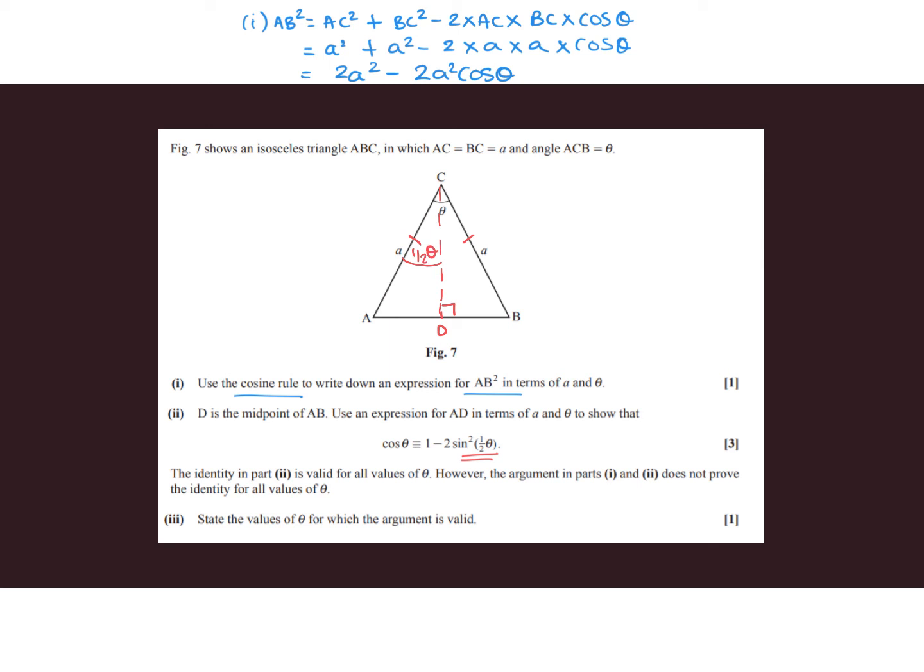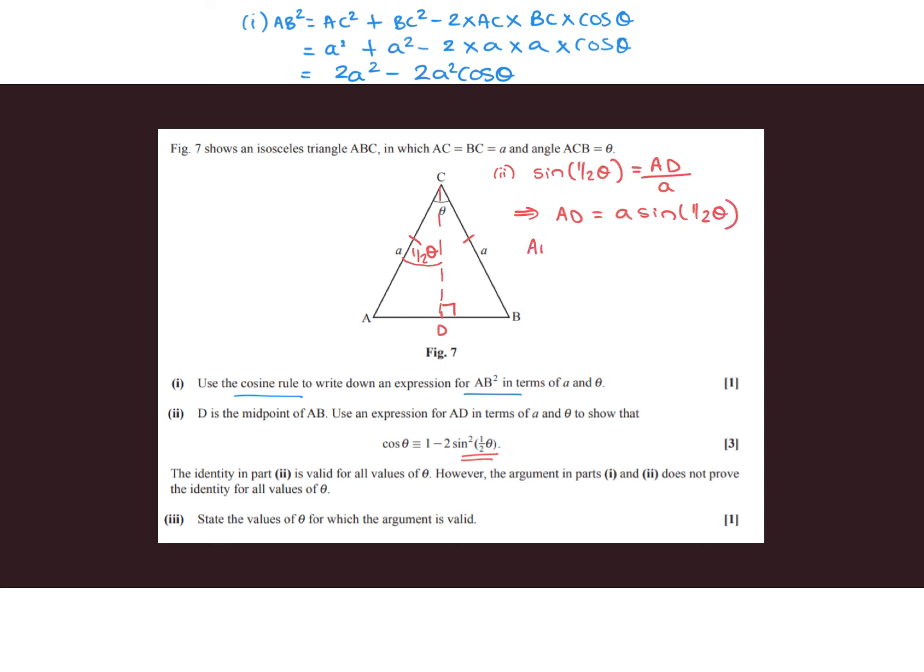Now, we know that sine of a half theta is equal to AD, the opposite, divided by the hypotenuse AC, which is A, which tells us that AD is equal to A sine of a half theta.